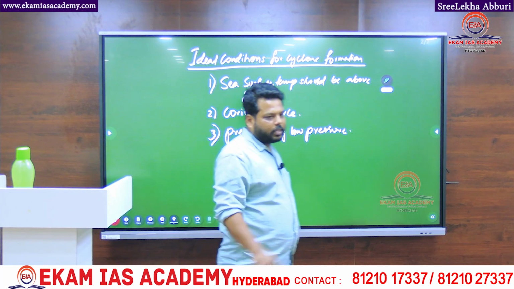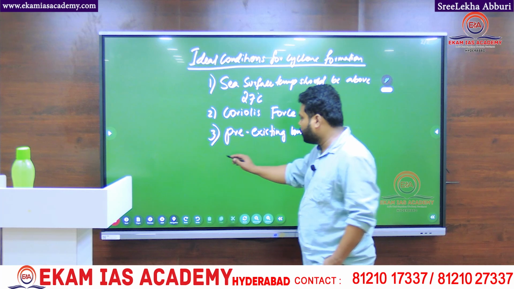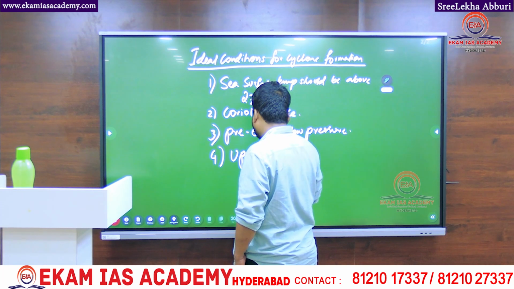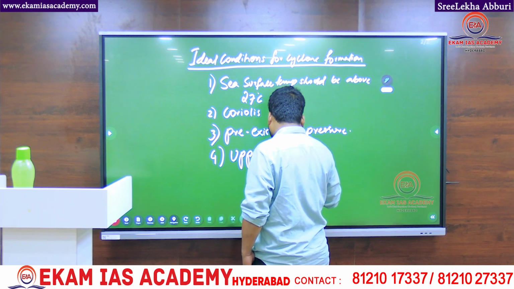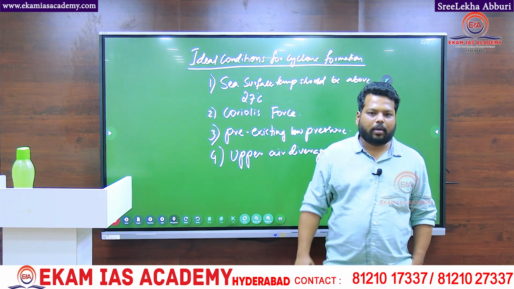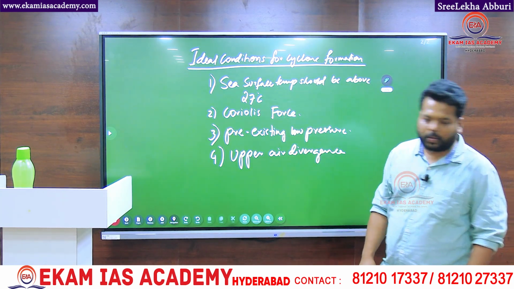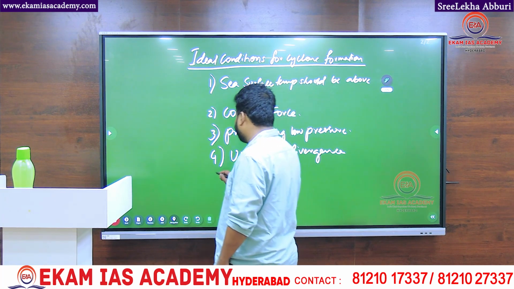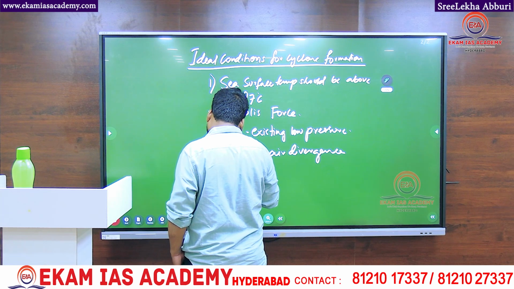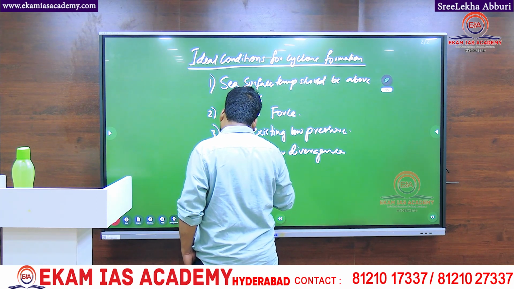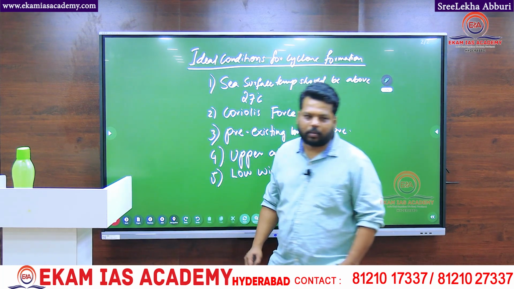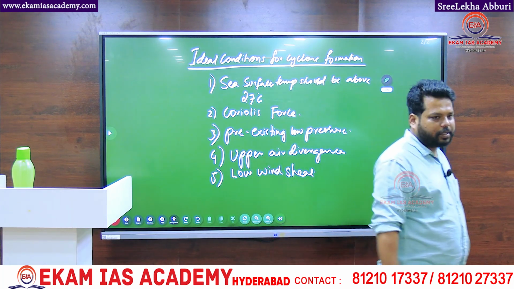Fourth one, upper air divergence. Okay. Fifth one, low wind shear.